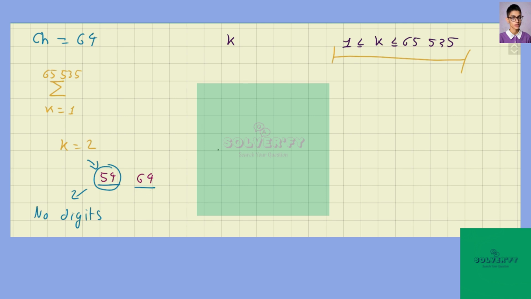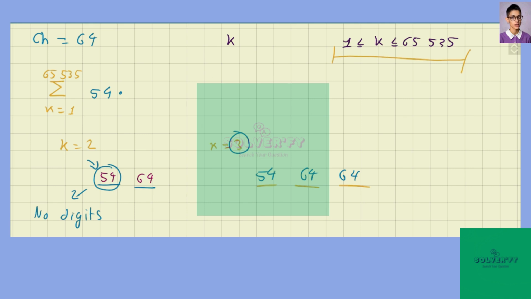Let's see what happens when k is equal to 3. The length of the string is 3. So in that case, we have 3 positions. In the first position, we have 54 possible characters, and for the rest, we have 64 and 64. So you can see that we have a pattern that depends, of course, on the value of the length of the string. First, we have the 54 for all these strings, because all of them need to start with a character different from a digit.